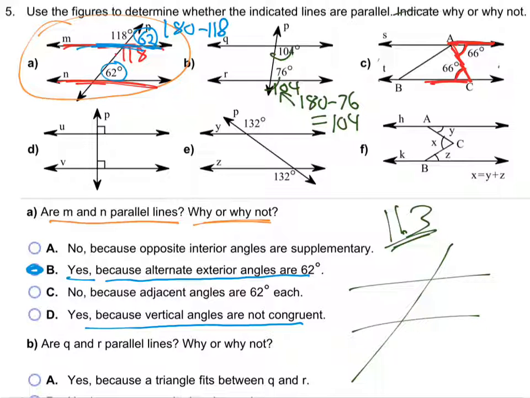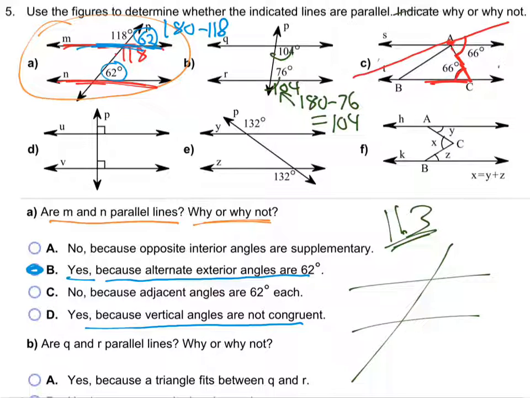Do you sense it? Do you kind of feel it? A lot of geometry is looking at pictures and sort of gut level feeling it. Like if that 66 was a little bigger, like 70 or 75, do you see how that would make the line go up and no longer be parallel to the bottom one? As long as those two angles are the same coming off the transversal, then it's going to make the top and the bottom parallel.